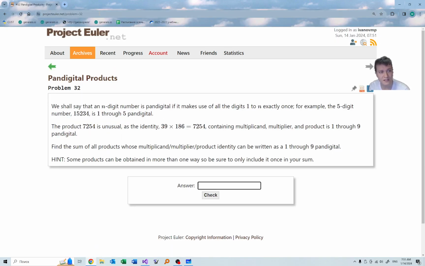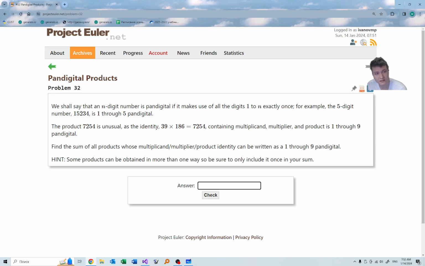Problem 32. We shall say that an n-digit number is pandigital if it makes use of all the digits from 1 to n exactly once. The product 7254 is unusual, as this identity has 3 numbers which are pandigital in total.